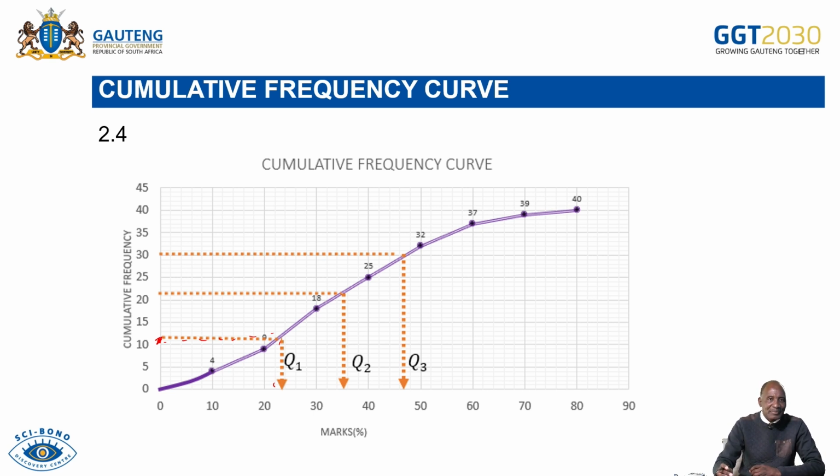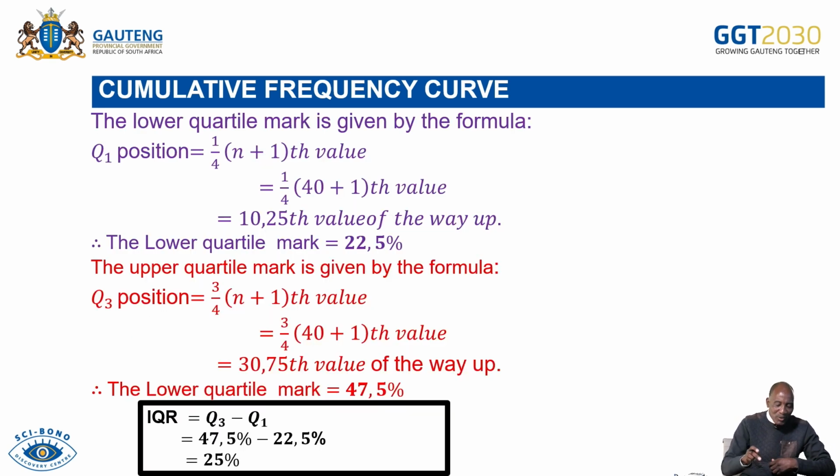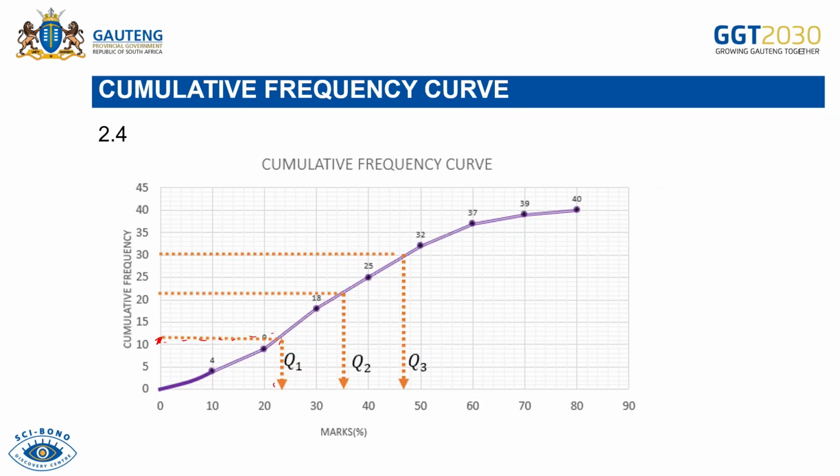It's around 22.5. Then the middle quartile we got was around 35. Then the upper quartile, according to positions, became 30.75. We locate our 30.75, then we move across horizontally, touch the curve, go down, read the answer.